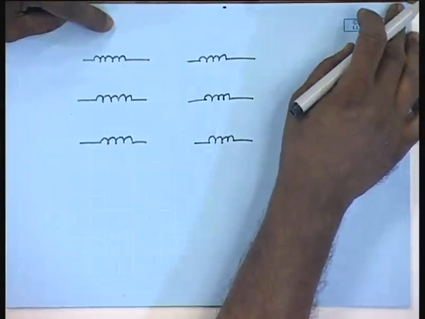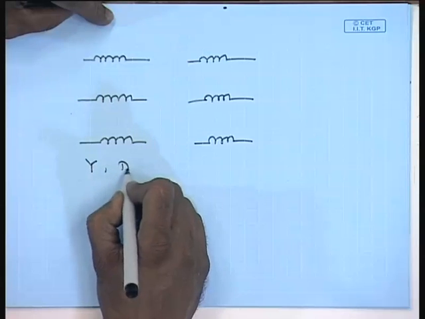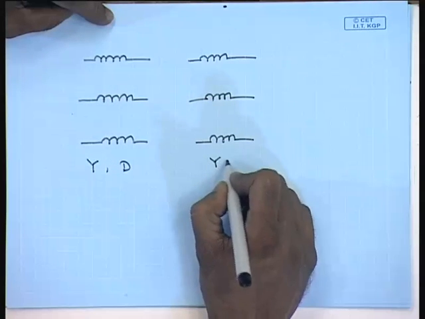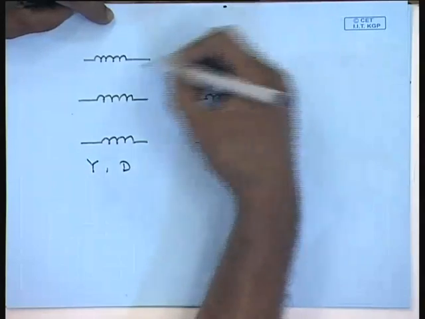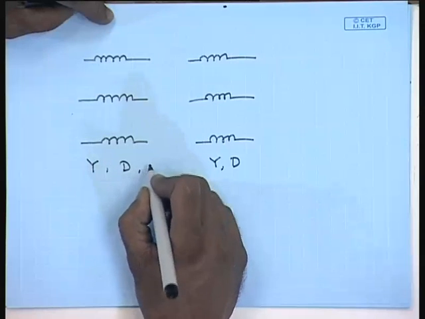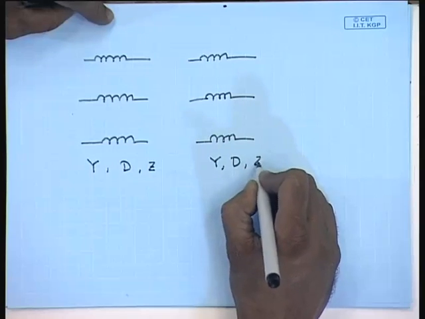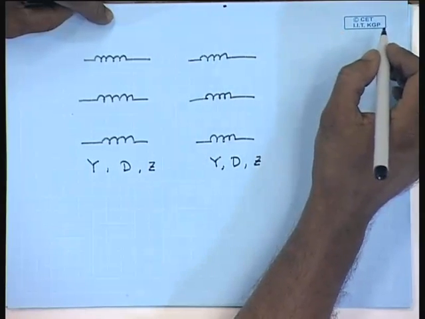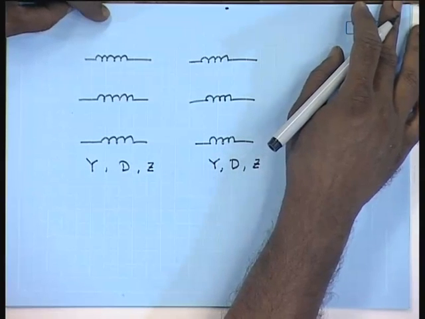Now, each of these high voltage or low voltage winding can be either star connected or delta connected. And if one set is split into 2, it is also possible to have a zigzag connection. So, theoretically either set of winding, high voltage or low voltage, can be star, delta or zigzag connected.